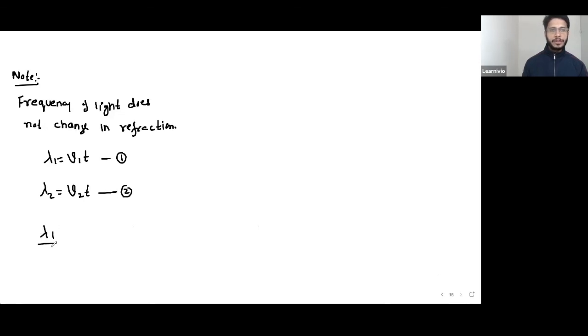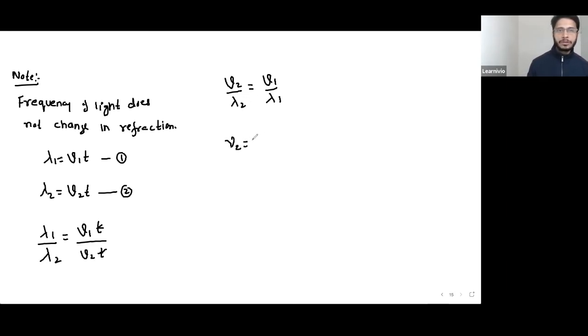If I take the ratio lambda 1 by lambda 2, I get V1t over V2t. The t will get cancelled out. If I cross multiply, V2 by lambda 2 is V1 by lambda 1. V by lambda, speed divided by wavelength, is basically frequency. So this shows that frequency does not change during refraction.